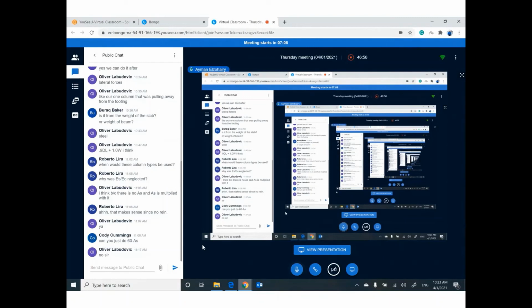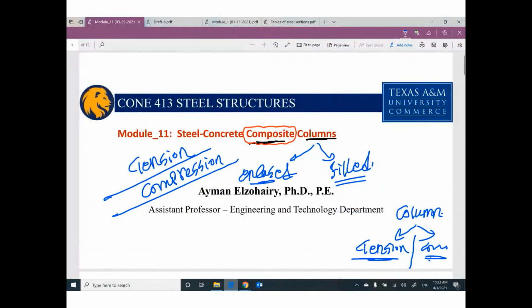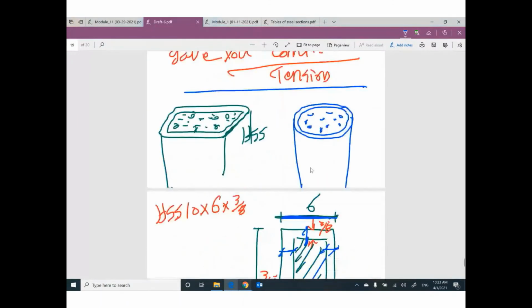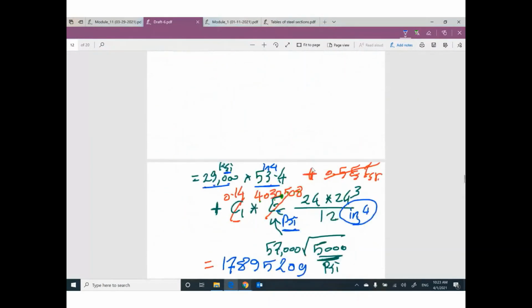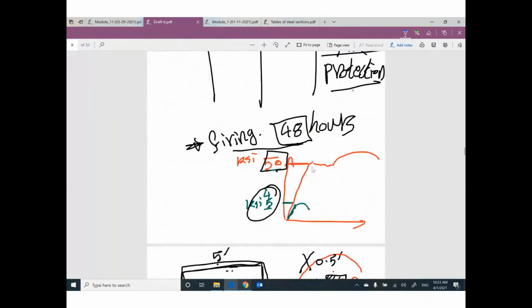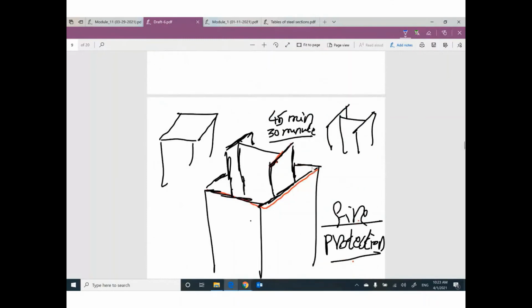Your question, Roberto, when would these column types be used? I answered this question last meeting. Do you remember? Here you go.